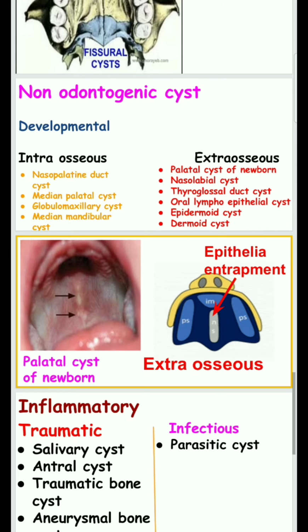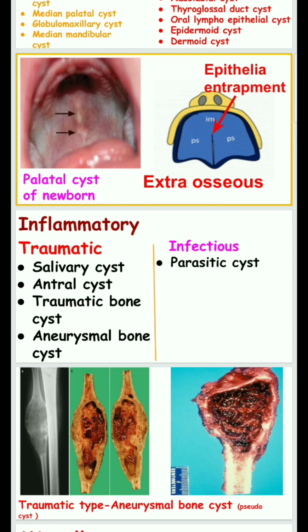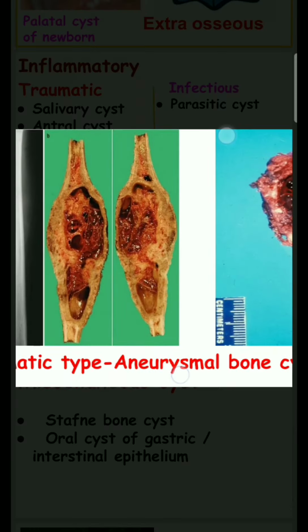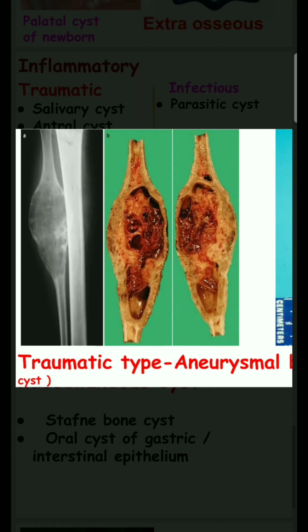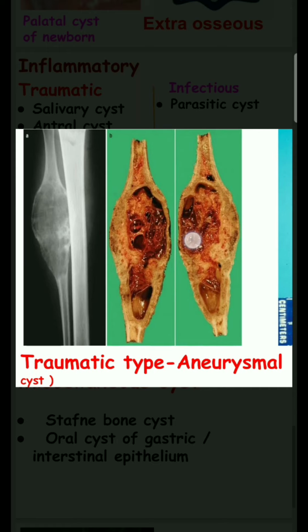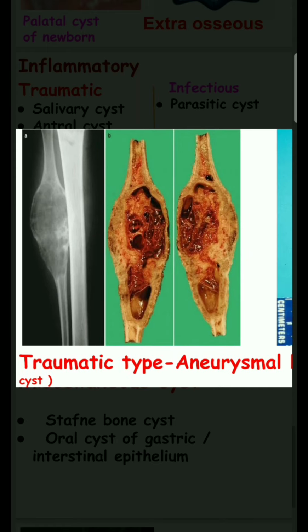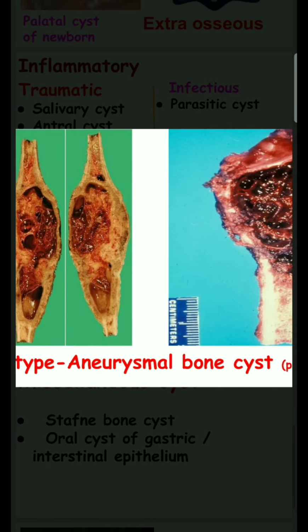This leads to the formation of an extraosseous cyst. The inflammatory type is mostly traumatic, because whenever a fracture happens, blood is released. This blood fills within the tissue and leads to the formation of bony materials filled with blood. This is called the aneurysmal bone cyst.